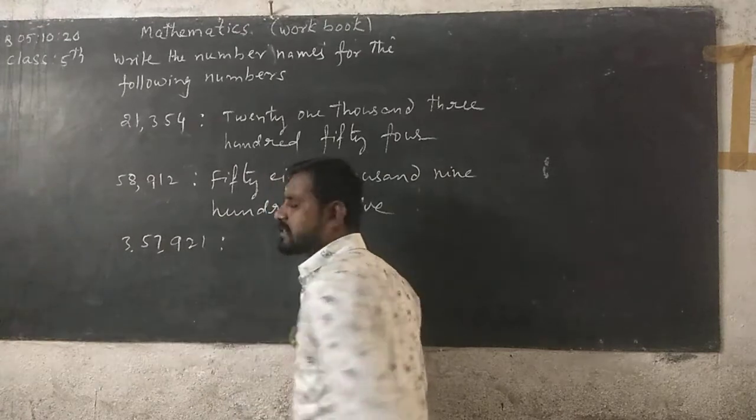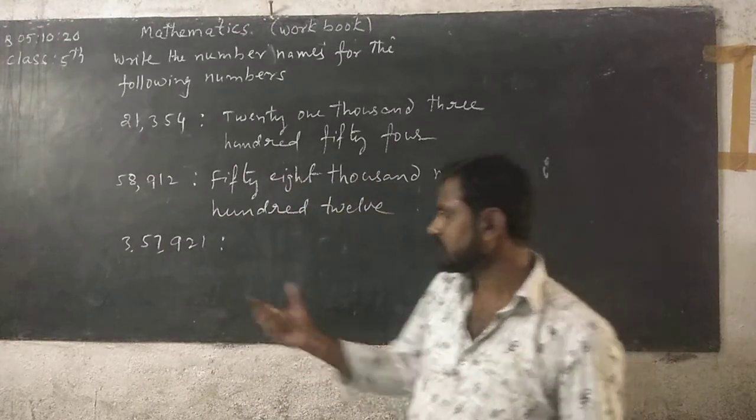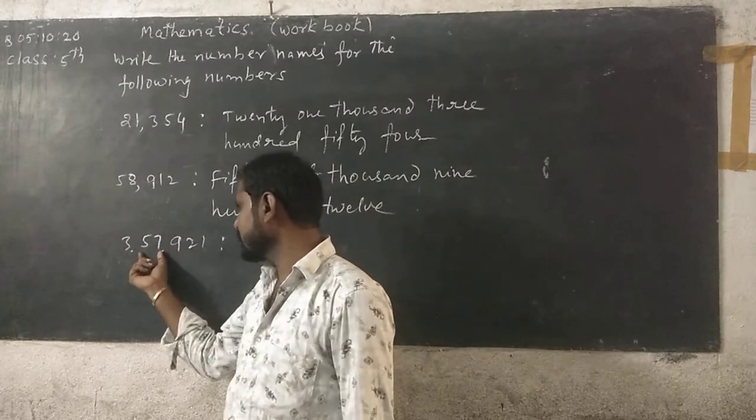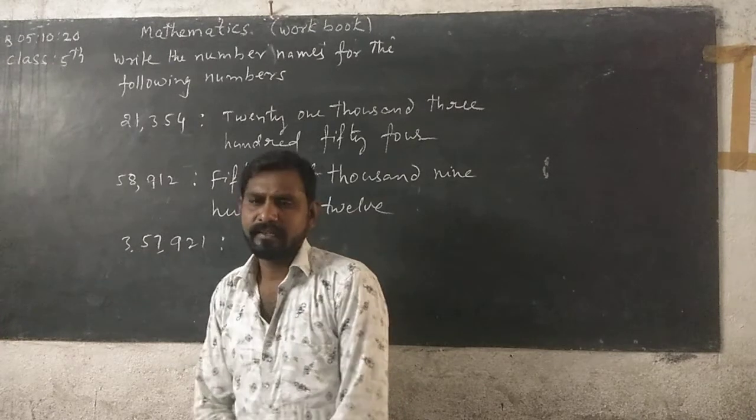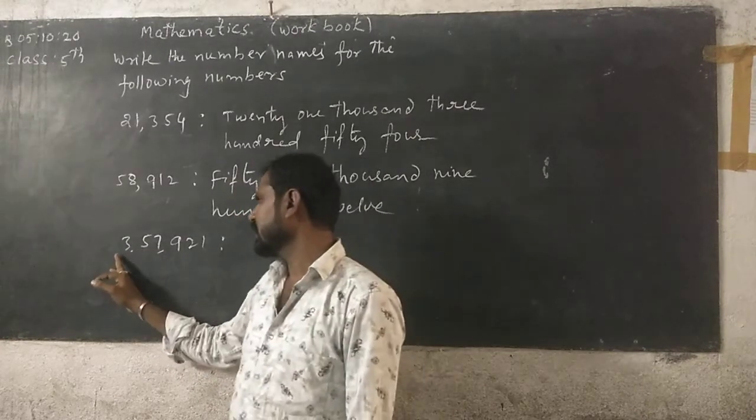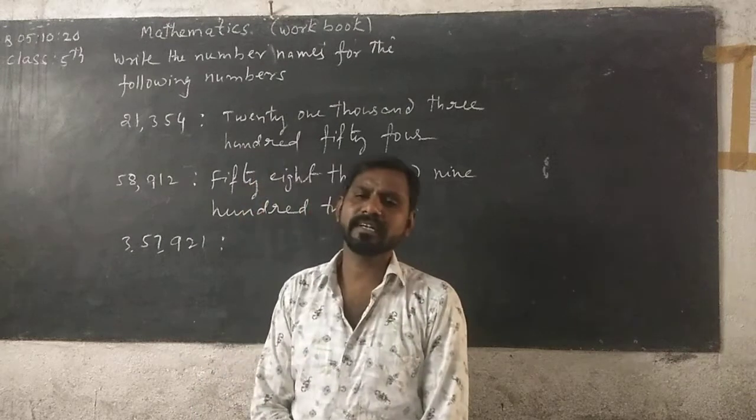3,57,921. It has three periods. This is ones period, this is thousands period, and this is lakhs period. In the lakhs period, you can give only one place, that is lakhs place.